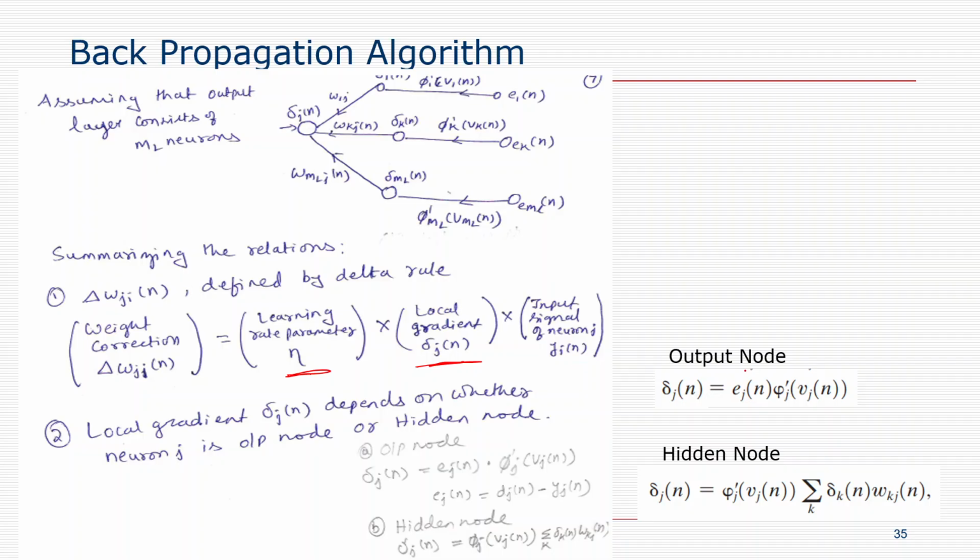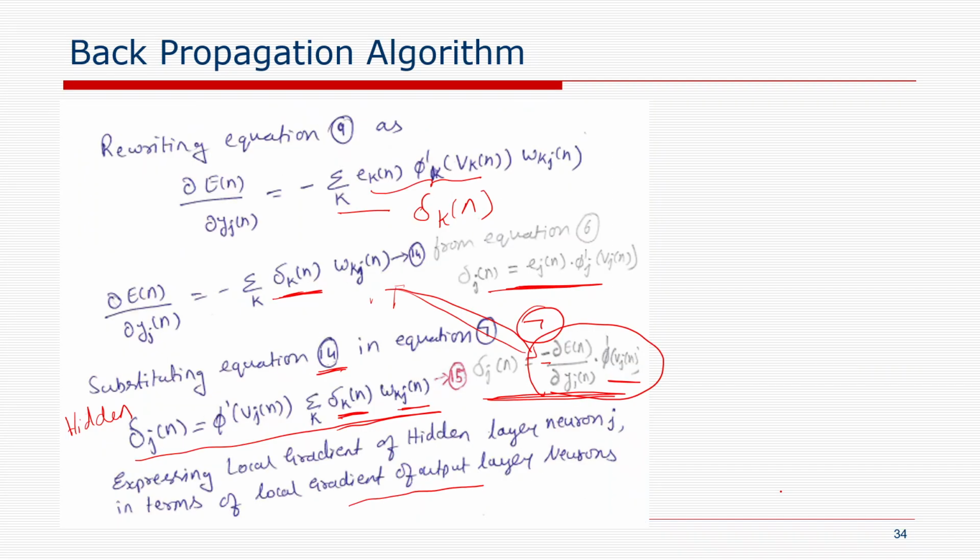Because if the node j is the output node, we got delta j of n as ej of n and phi dash j of vj of n. If it was a hidden node, we got this term, that is delta j of n as phi dash j of vj of n and summation. That is what we had here, this derivation we did here.